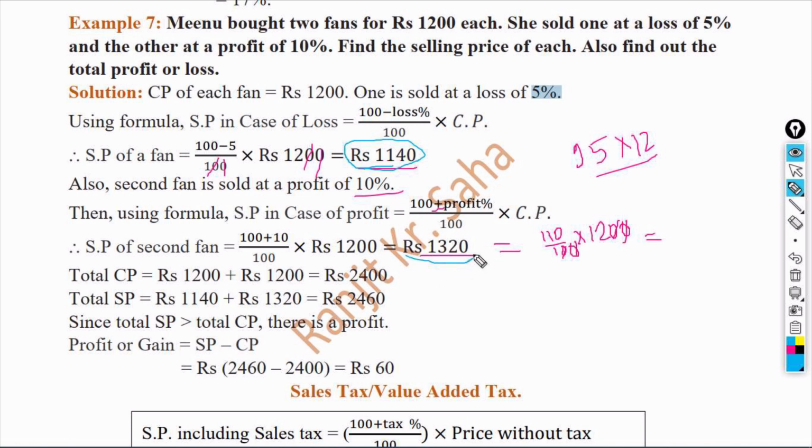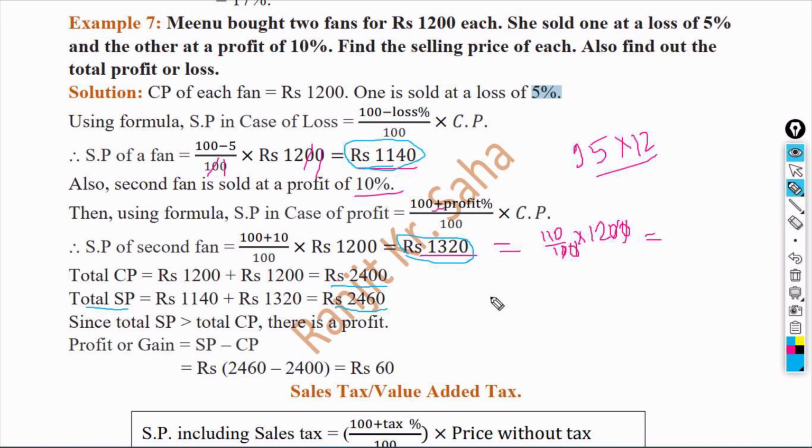Now separately you have the selling price of the first fan is rupees 1140 and the selling price of the second fan is 1320. Then you can calculate the total SP. Total SP is rupees 2460. Now calculate the total CP. It is very simple: two fans costing 1200 each becomes rupees 2400.